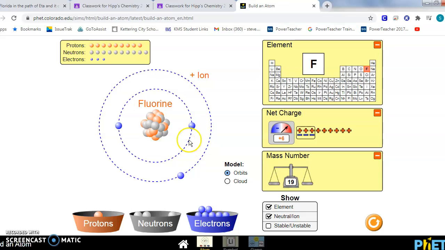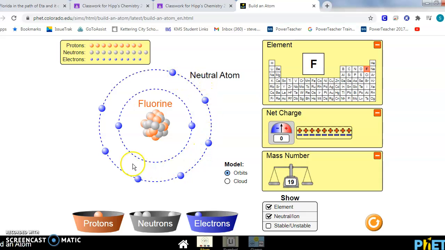It only holds 2, so that one goes out to the second level. So I've balanced 3 of them, 4, 5, 6, 7, 8 of them. Now all 9 are balanced, and I have a neutral atom. The 9 protons are balanced by the 9 electrons.